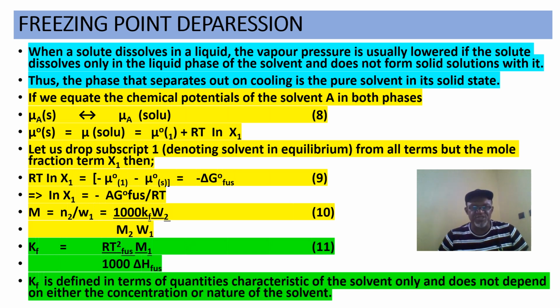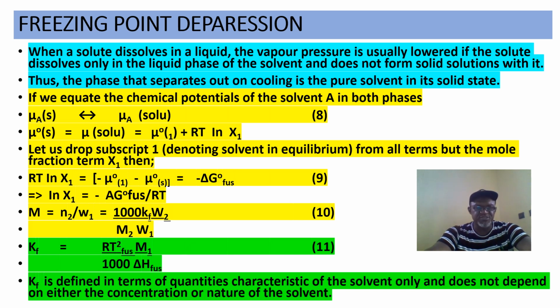So look at equation 8. If we equate the chemical potentials of the solvent A in both phases, we'll have mu A in equilibrium, that is, both in our solution and that of the pure solvent. We'll now apply our chemical potential equation again. It means that mu solution is equal to mu naught 1 plus RT ln x1, the equation we made before.